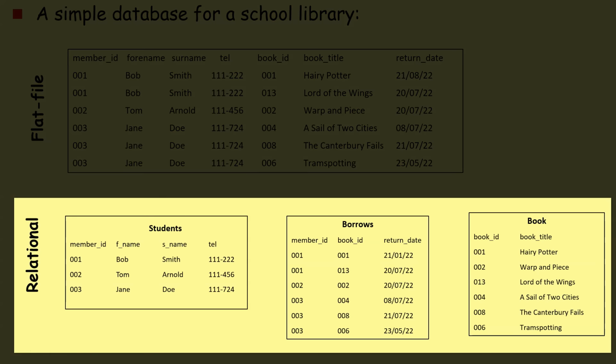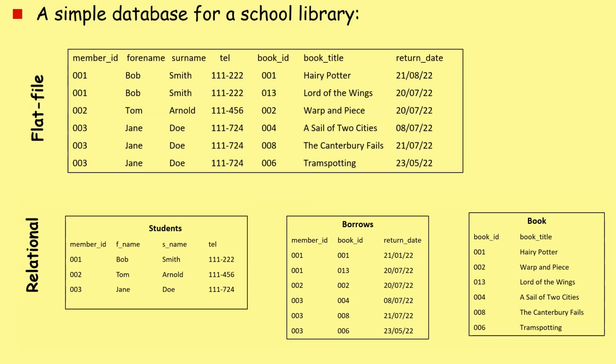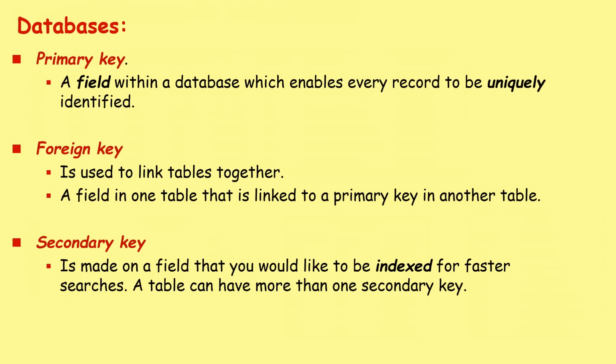Whereas with the relational database at the bottom, you have 3 tables: students, borrows, and book. The tables are linked together through the use of primary and foreign keys. So member ID links student and borrows, and book ID links borrows and book together. Some more vocabulary.